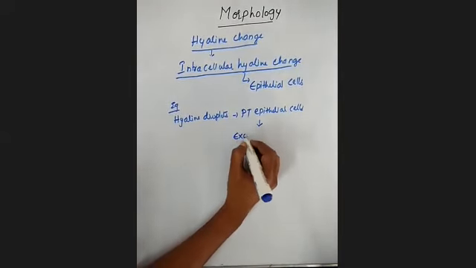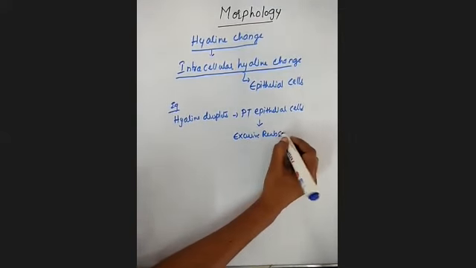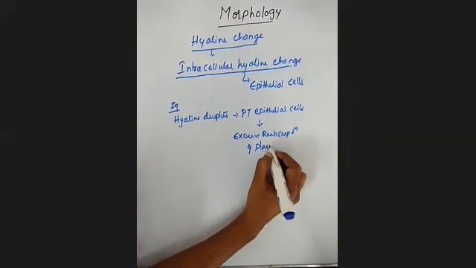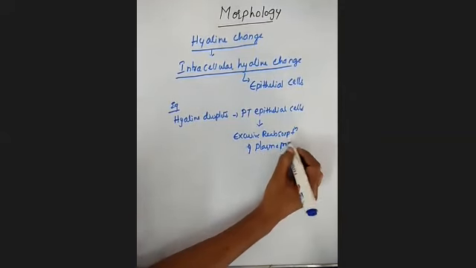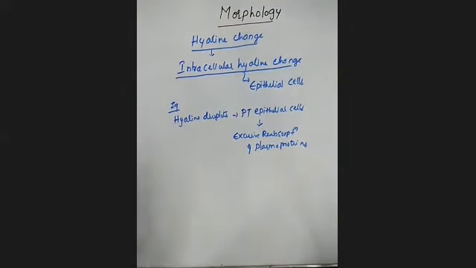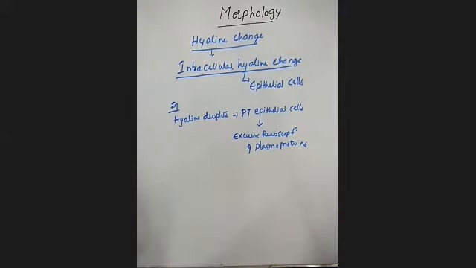If proximal tubular epithelial cells are reabsorbing an excessive amount of plasma proteins, then you are going to observe these hyaline droplets.